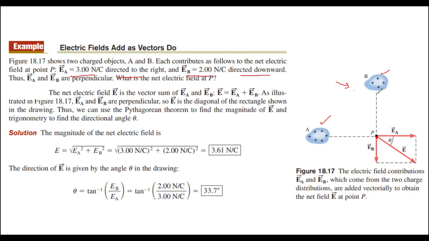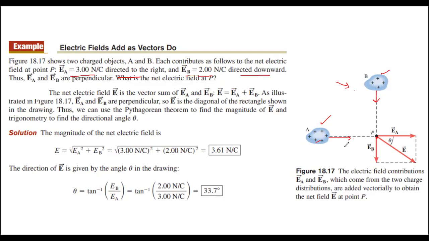Does it make sense? So for EB, the magnitude and direction are given, it's downward. And EA is 3 newtons per coulomb directed towards the right side. So something like this.